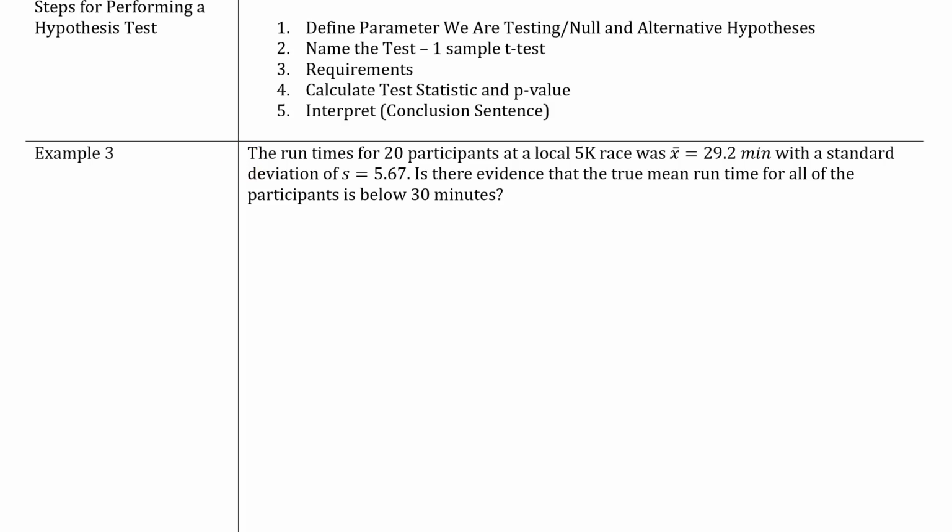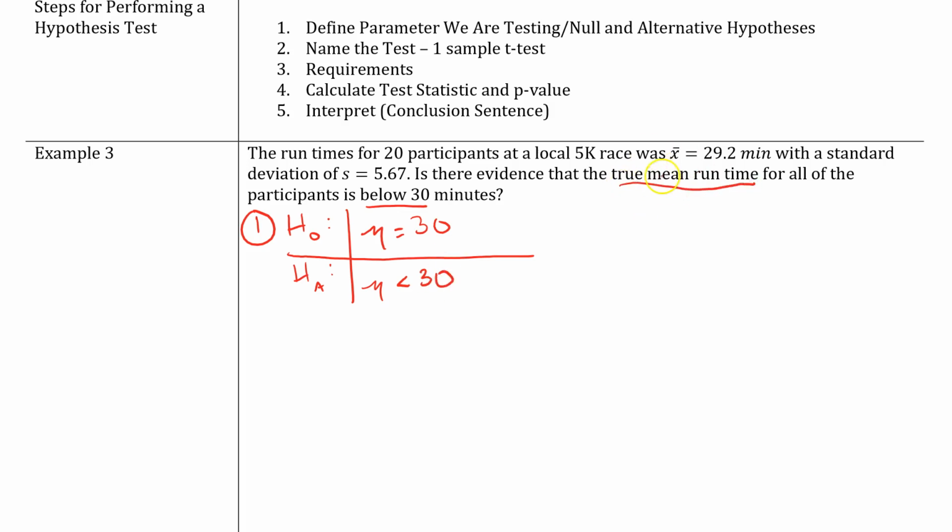So step 1, we actually already did earlier, was writing our hypotheses. And we wrote that, okay, we're going to believe it's 30 minutes right now, and we're trying to find evidence that it's, again, below 30 minutes, where mu represents the true mean runtime for all of these participants.